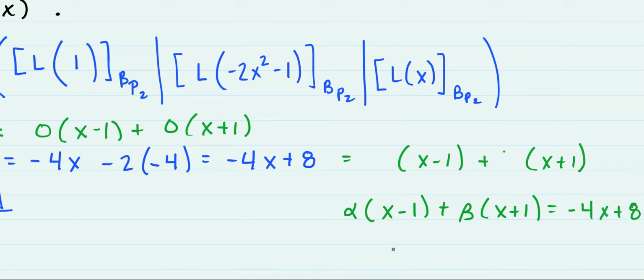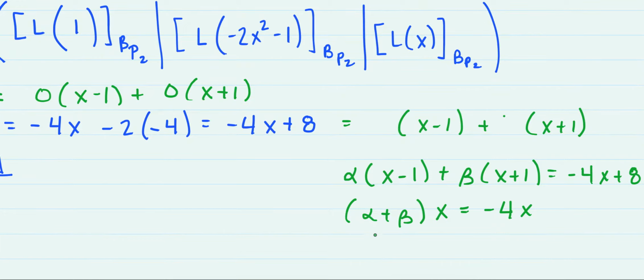We're going to group the x's, so we get alpha plus beta times x is equal to negative 4x, and we also get negative alpha plus beta is equal to 8.